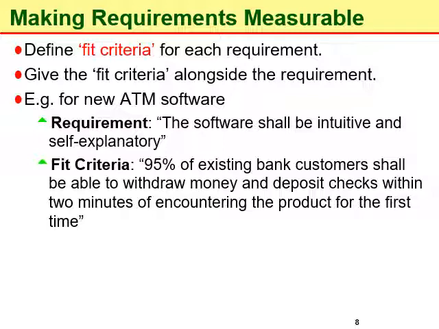For example, 95% of existing bank customers shall be able to withdraw money and deposit checks within 2 minutes of encountering the product for the first time. That is more elaborate than just saying that the software shall be intuitive and self-explanatory.